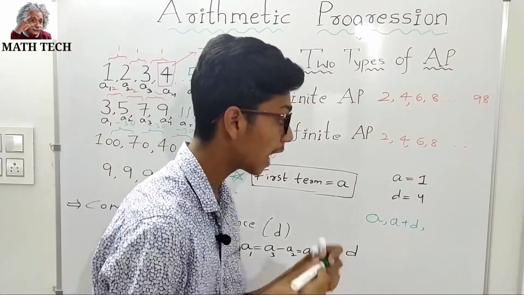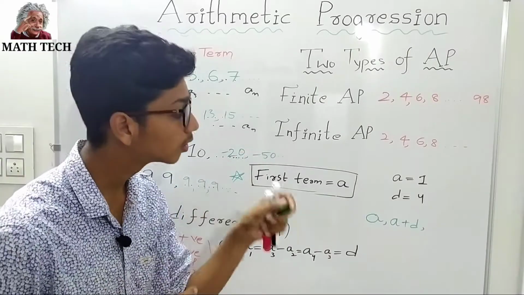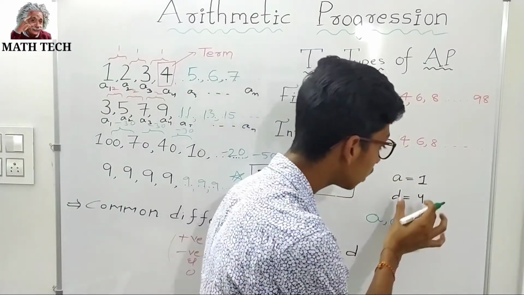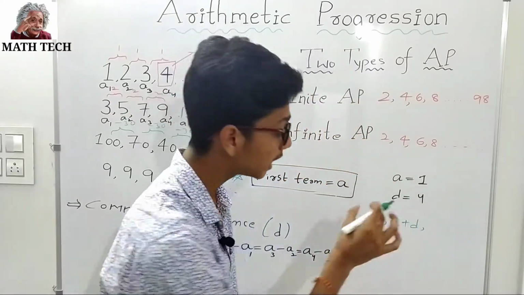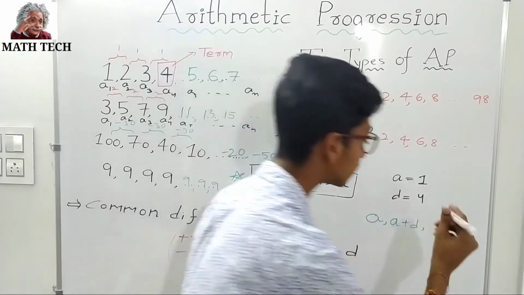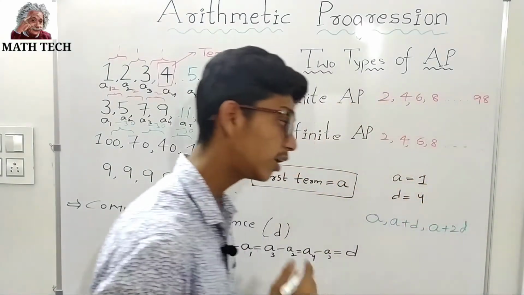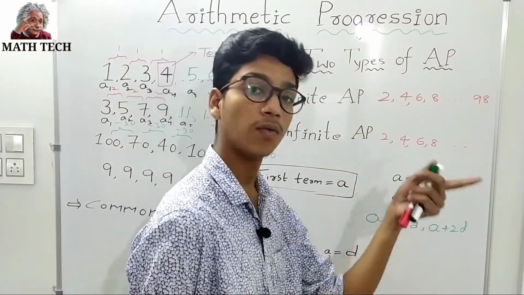Next, if we add the common difference to the second term, we will obtain the third term. What is the second term? a plus d. Now if we add the common difference to the second term, that is a plus d plus d, that is a plus 2d. And if we add the common difference to the third term, we will obtain the fourth term.